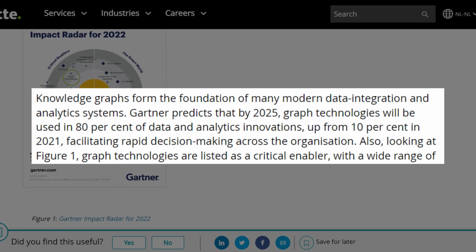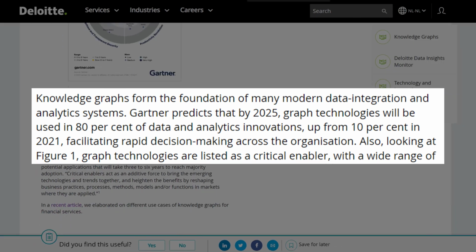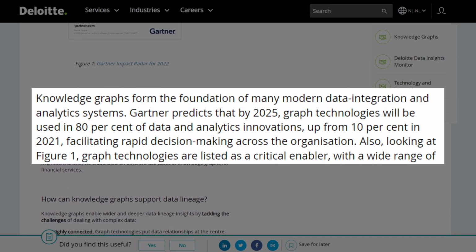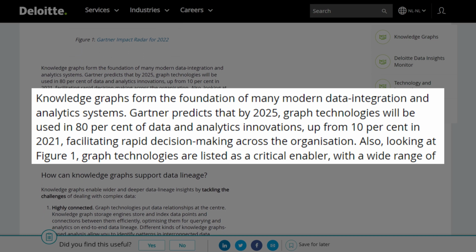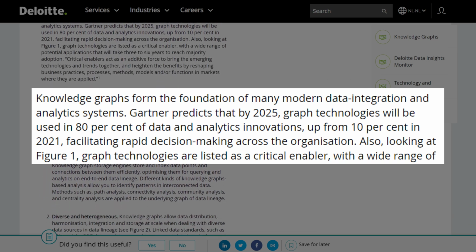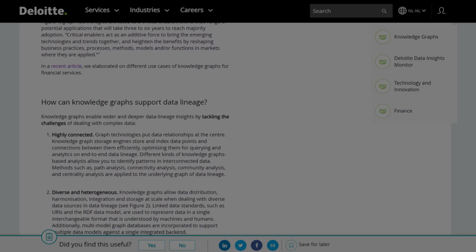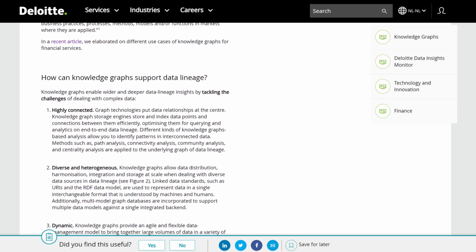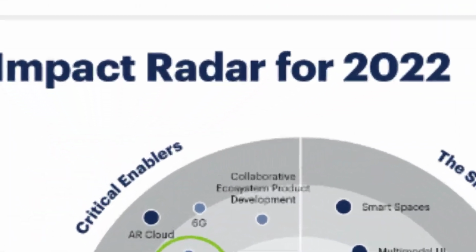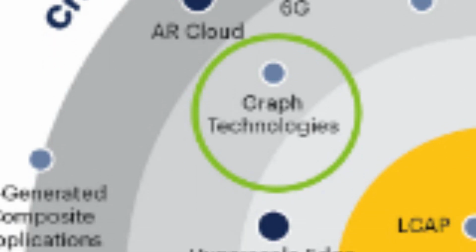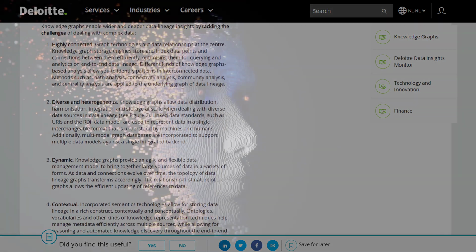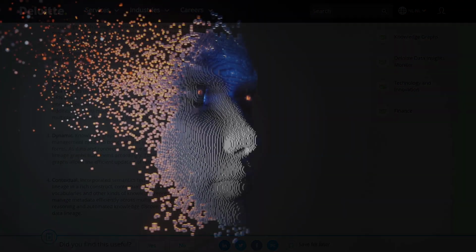Gartner predicts that by 2025, graph technologies will be used in 80% of data and analytics innovations, up from 10% in 2021. Graph technology is set to see increased use, especially when you consider graph technology to be listed as a critical impact technology.